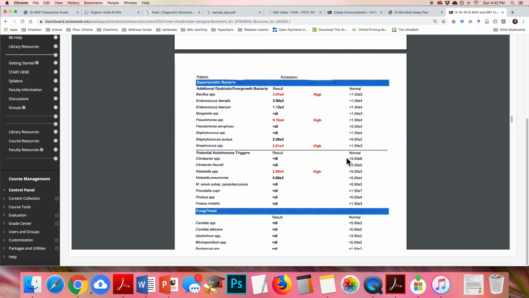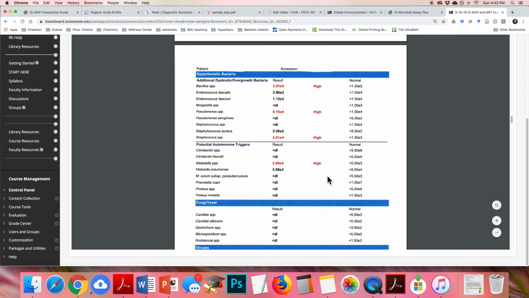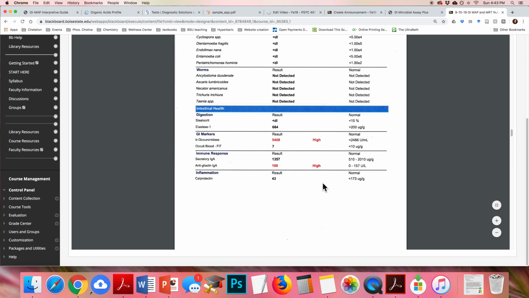Some of his inflammation markers for his GI tract have been eliminated from the diet change, but now he still shows behavioral symptoms, so they've done this test, and based on the test, they can go somewhere else in terms of his treatment. The idea is that possibly he's got some autoimmune triggers and some dysbiotic overgrowth bacteria, and that can now be directly addressed and hopefully improve his symptoms.